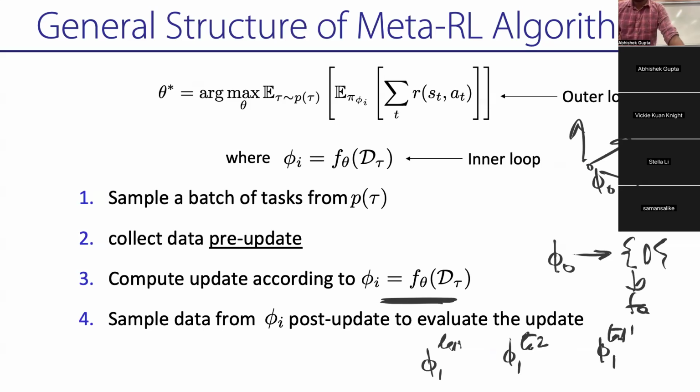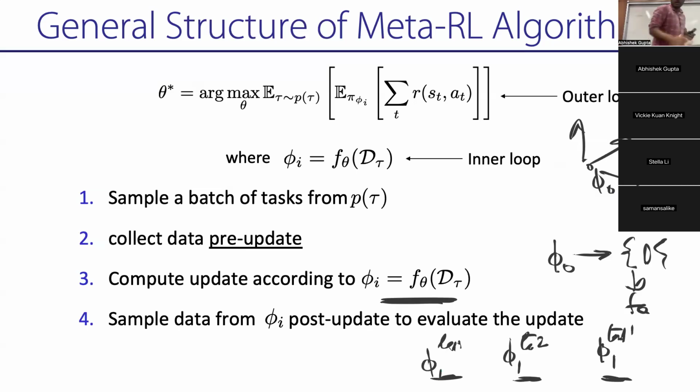Then you try to evaluate how good those updates were. Once you've updated to each of these, you collect more data from each and use that to evaluate how good f theta was. You can think of this as initial data being used to perform the update. After you perform the update, you collect data to see how good each of these were, and you use that to update f theta.